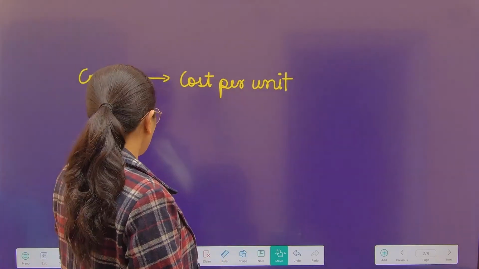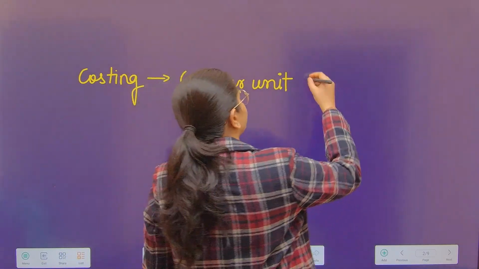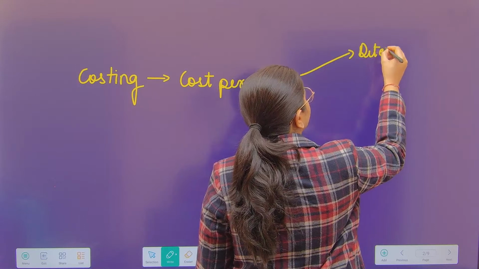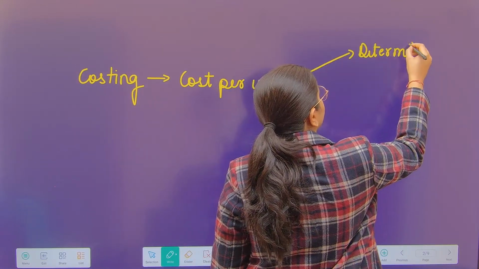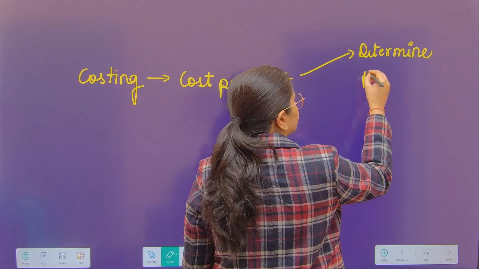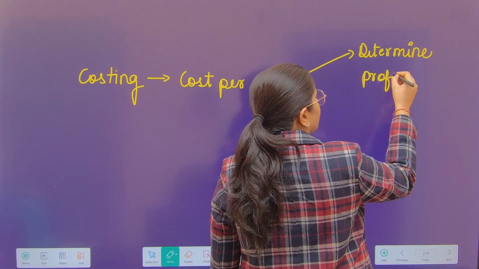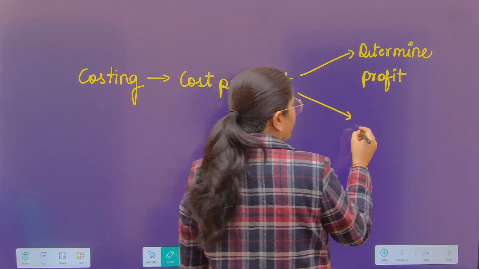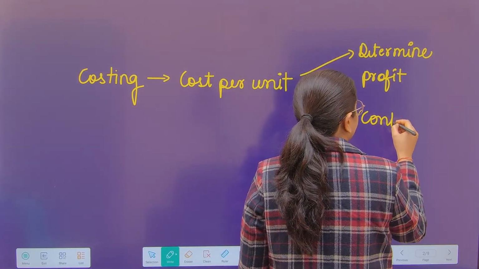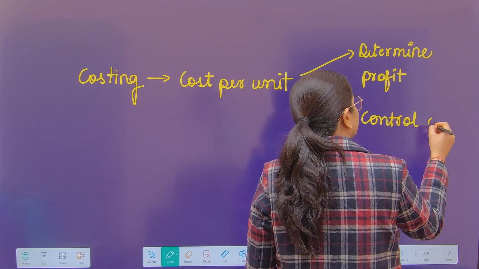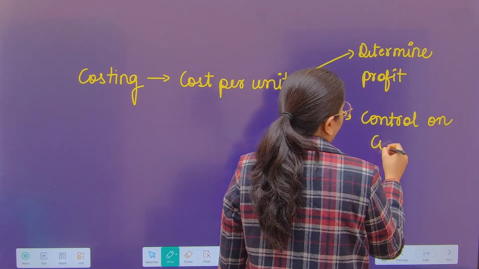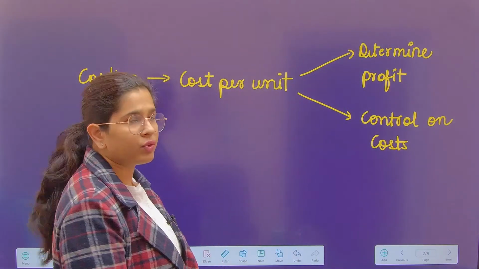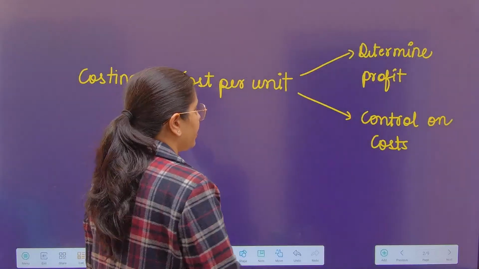Because I have so many objectives. Determine profitability, right? Next is control on costs. I want to perform cost reduction as well as cost control. Hence, I want to find out what is my cost per unit.